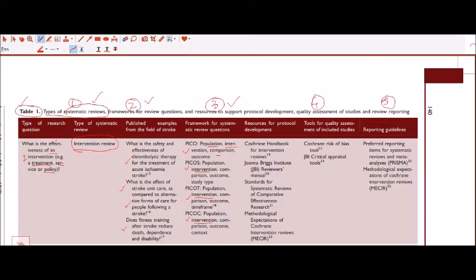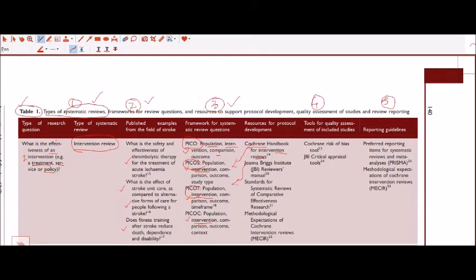You need to mention it very clearly, whether the intervention, Cochrane Handbook of Intervention Reviews. When you are talking about Cochrane, be very careful, because the moment you say in your paper that you have used the PICO framework or the protocol of PICOS or PICOT, remember these people are watching you like a watchdog.